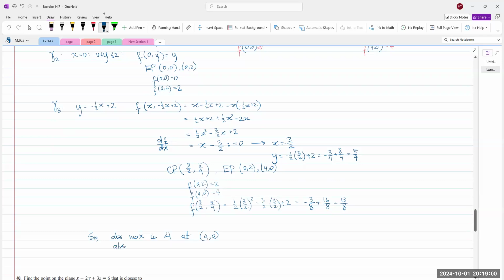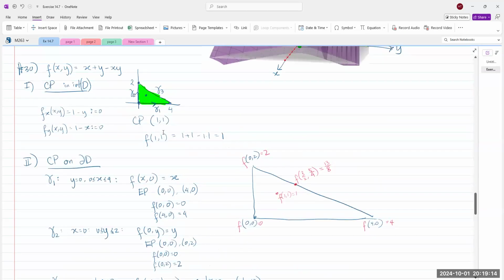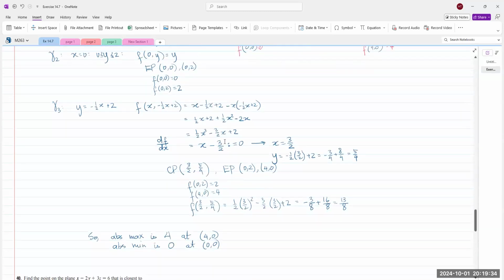Absolute minimum is 0 at 0, 0. Okay. Yeah, that's what I think it is.